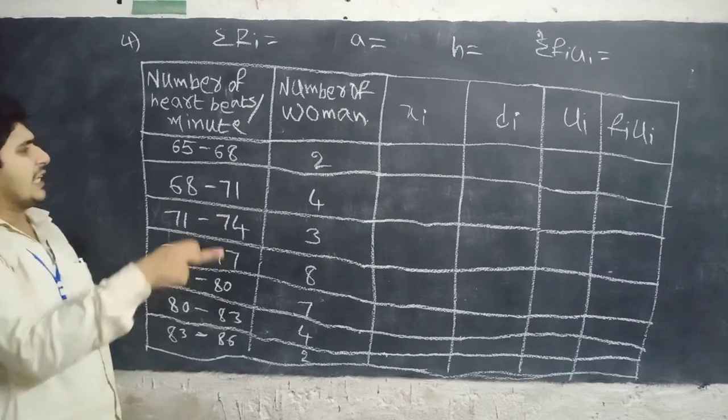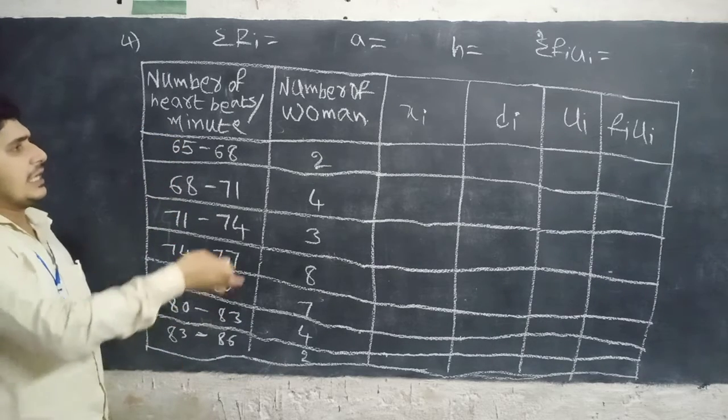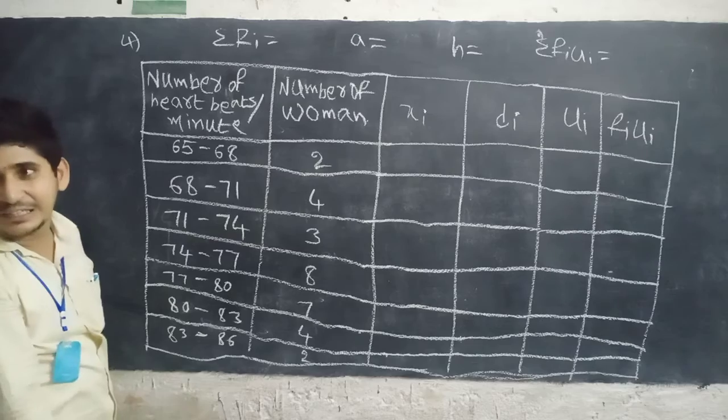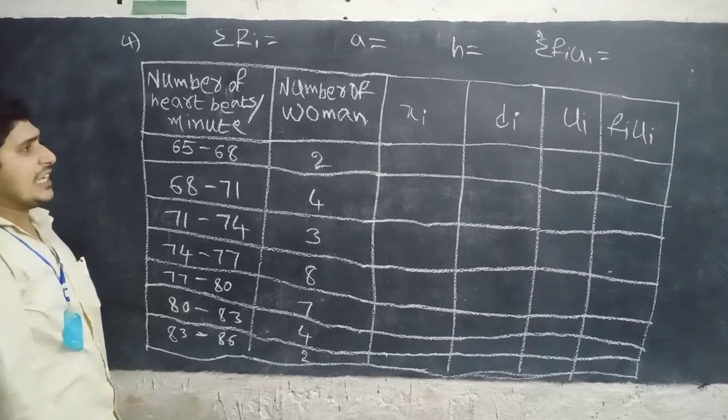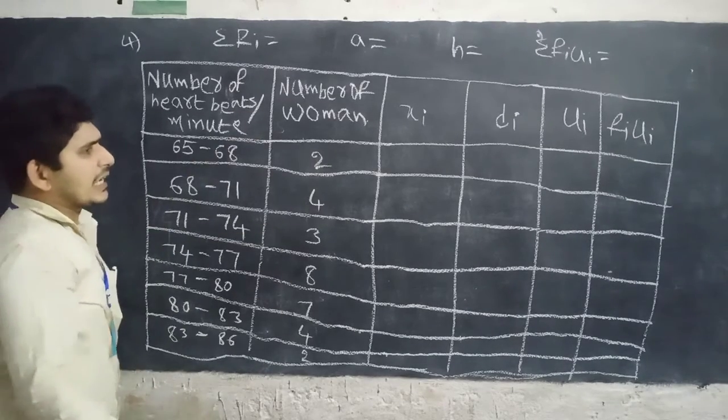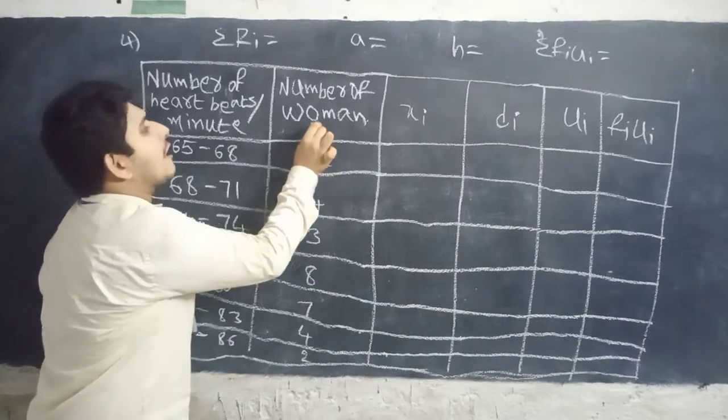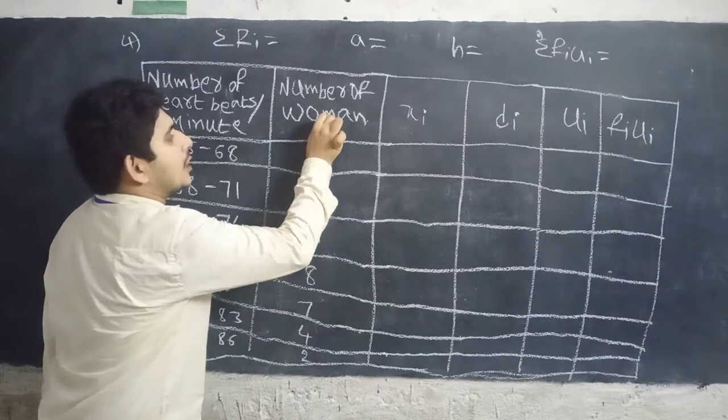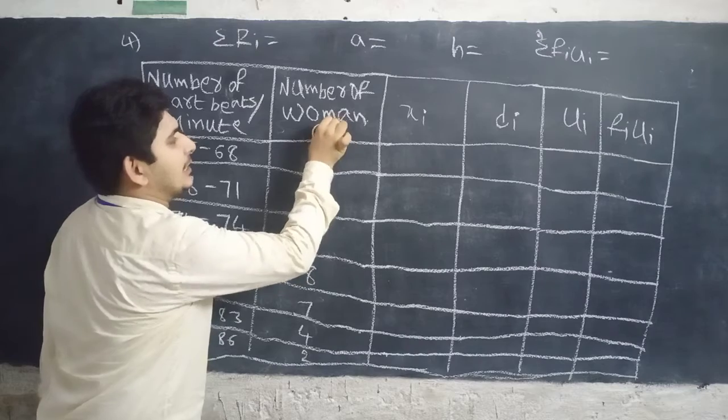This is the class interval and this is the frequency. Since this is the frequency, it is indicated by the letter fi.